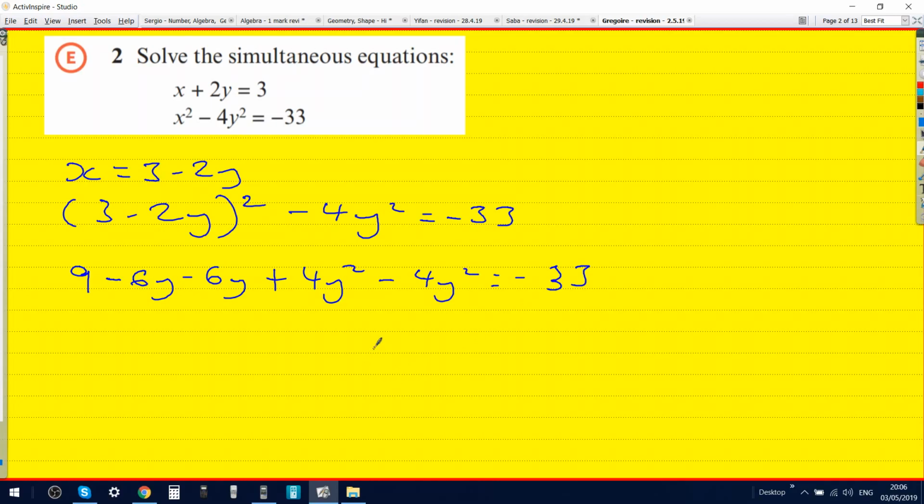So plus 4y squared minus 4y squared equals minus 33. So you can simplify that to 9 minus 12y equals minus 33. And then you can get minus 12y equals minus 42, then 12y equals 42, and then y equals 42 over 12.